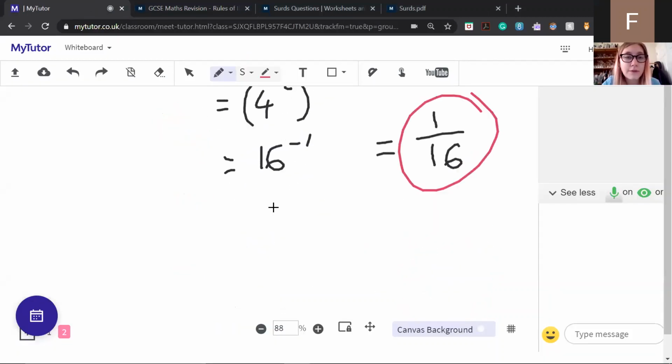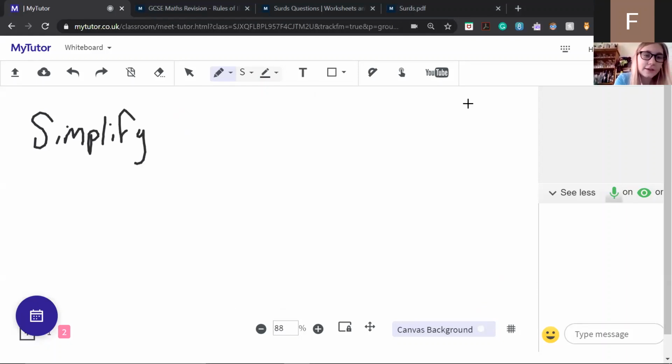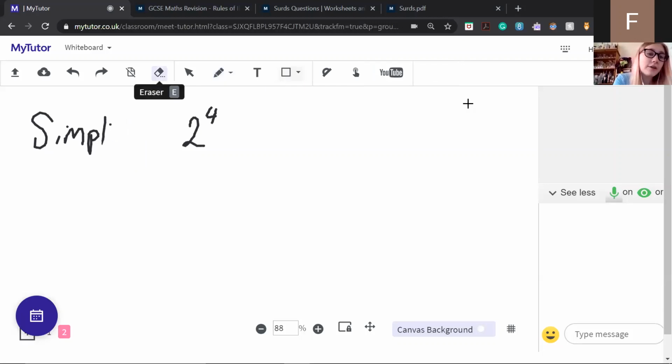There's just one more type of question that I want to cover, and then we'll go on to surds. I don't actually have a question for this, but it just came to me that I want to cover it. So let's say we have a question that says, simplify 2 to the power of 4, or not even simplify, let's make one that we can actually work out.